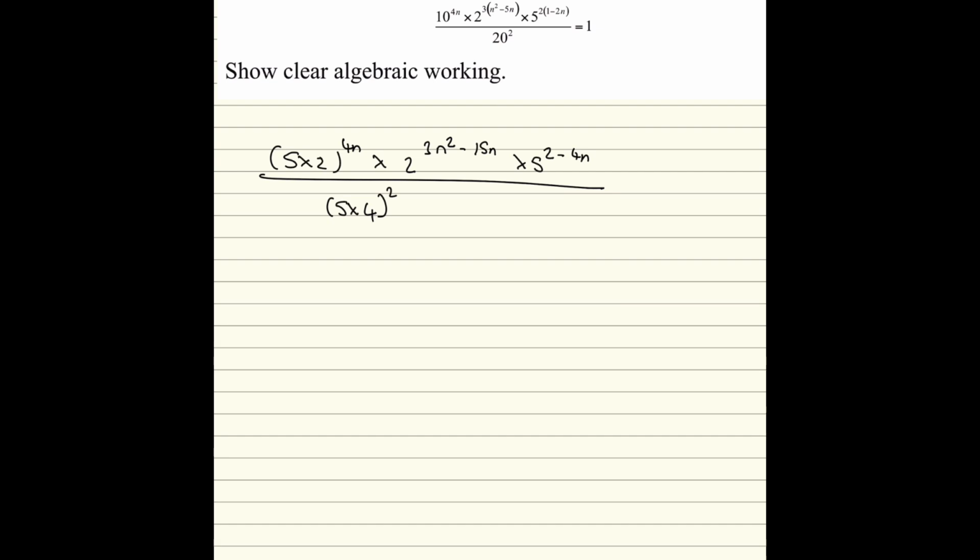Again, I'm trying to get them into their smallest bases, really. Equals 1. Now, I'm not sure what we're going to end up with, because we've got 5s and 2s at the moment, so I'll just keep that as 1 at the moment.